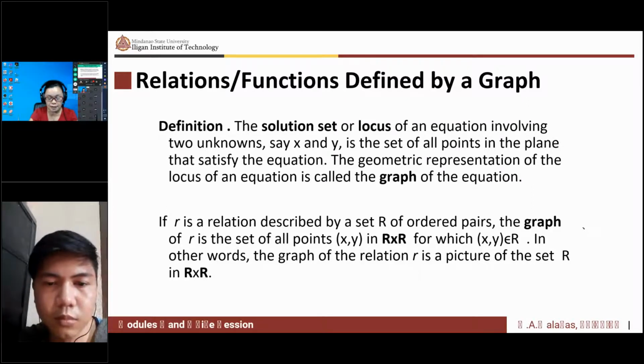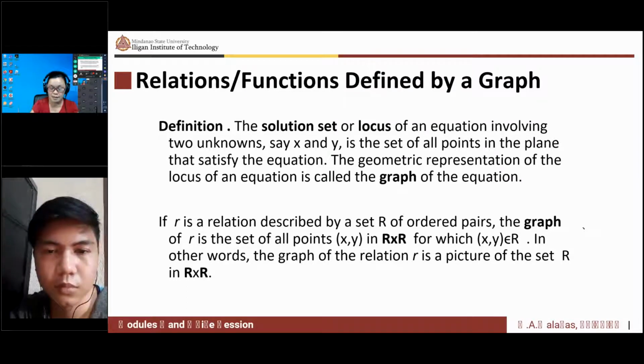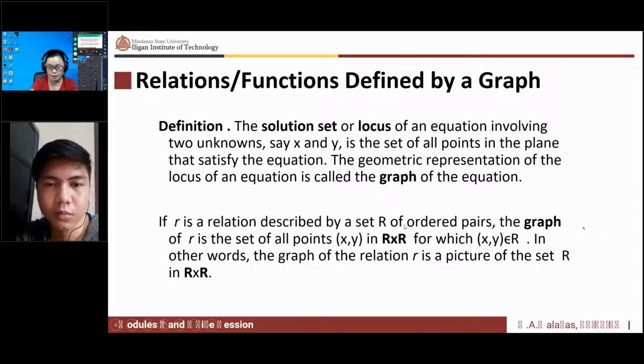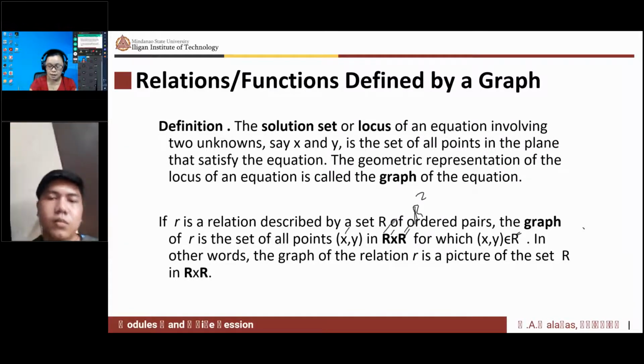Hence, if R is a relation described by a set, capital R, of ordered pairs, the graph of R is a set of all points (x, y) in R squared, for which (x, y) is in R. Take note, this x is not the same as this x, and this R is not the same as this R. This R represents our relation, and this one is a set of real numbers.